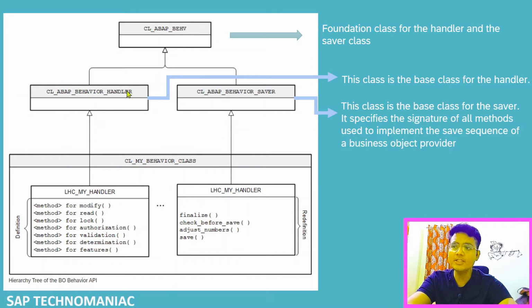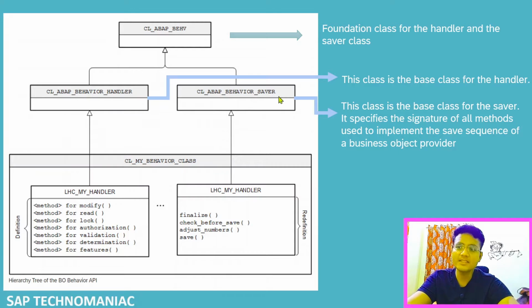In turn, both these classes have one super class called CL_ABAP_BEHAVIOR, which is the foundation class of the handler and saver classes. Whatever local handler class we create, we have to inherit from the handler base class, and whatever local saver class we create, we have to inherit from the saver base class.